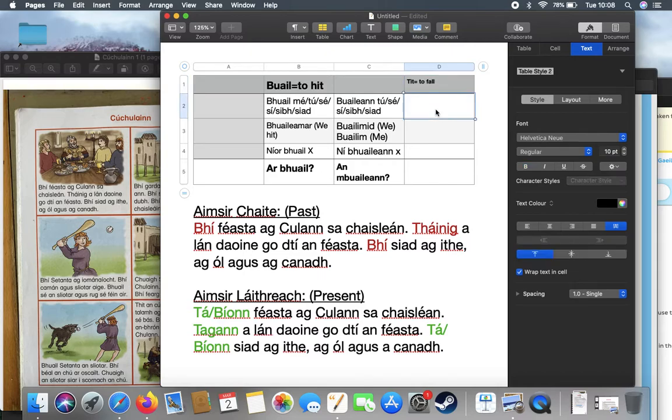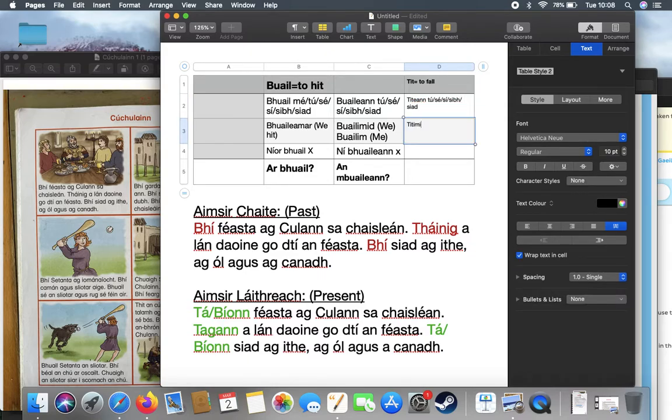Okay, and then in the present tense it changes to titeann, and it'll be titeann sé, or tú, sé, sí, sibh, and siad. That's the spelling for all of those. It would be titimid, we fall.